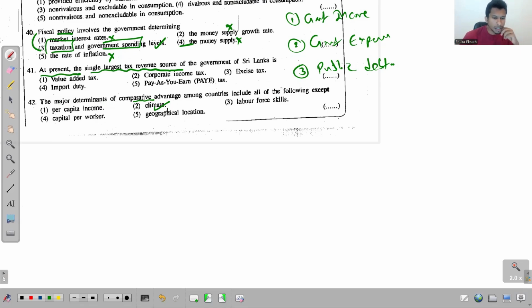The second one, labor force, I mean the amount of resources in general. That is also a reason for having comparative advantage. Capital per worker, once again the amount of resources, is a reason for having comparative advantage. Geographical location is also a reason, but not this one. And hence, that's the answer for this question 42.